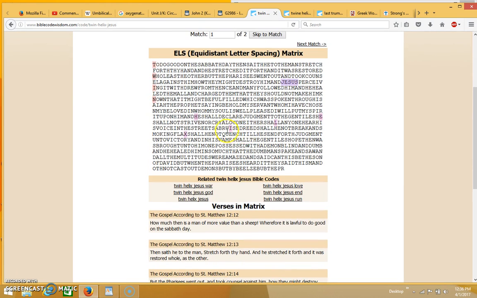I want to show you what a bruised reed looks like, and a smoking flax. And then I want to talk a little bit more about the reed.